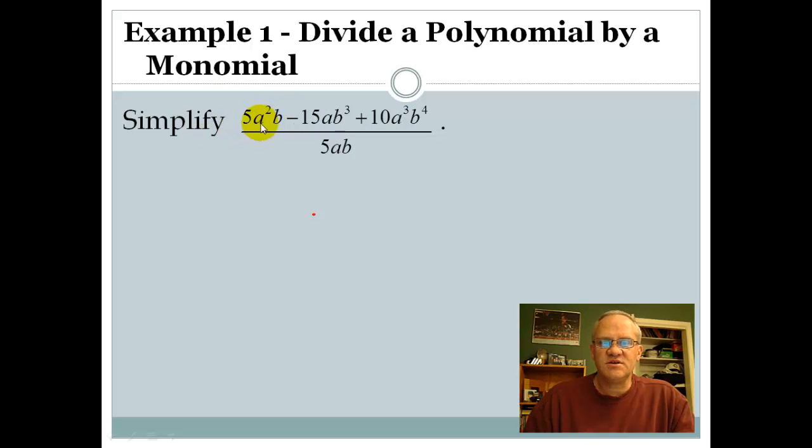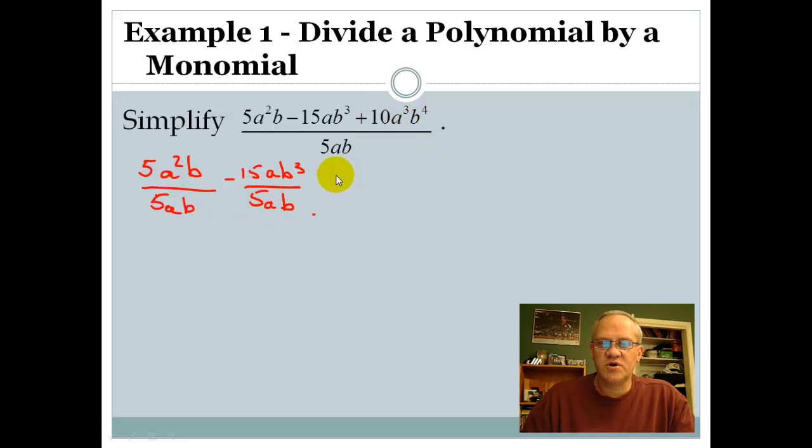So basically, whenever you have a polynomial divided by a monomial, you can just rewrite it as 5a squared b over 5ab. So you take this part here, divided by that, but then you also have the minus 15 ab to the third over 5ab.